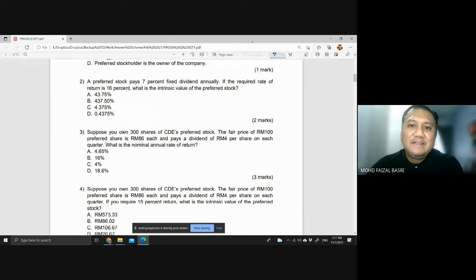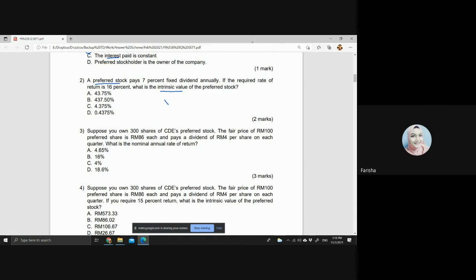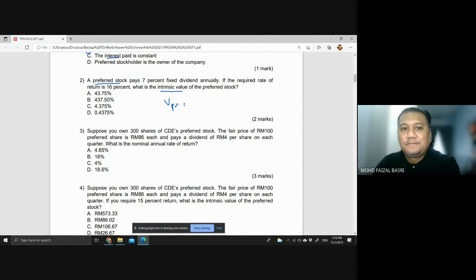So when there are questions involving calculation like number 2 here. This is again about preferred. Remember how to calculate preferred? To find the intrinsic value. So intrinsic value is basically the VPS. Okay, the VPS formula is the value for preferred stocks, because these are preferred stocks. Dividend D divided by K. So what is the dividend? 7%. And remember, this 7% is fixed.